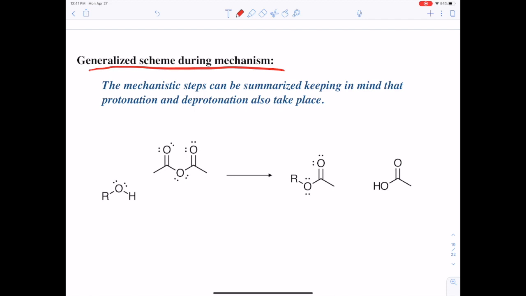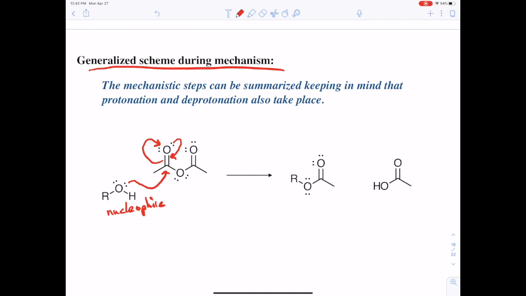But if you ignore H+ and what it's doing and look at everything else, this is basically what is happening. Our nucleophile attacks the electrophilic carbon of the carbonyl. These electrons go up onto the oxygen. Eventually, these electrons come back down and reform the pi bond.